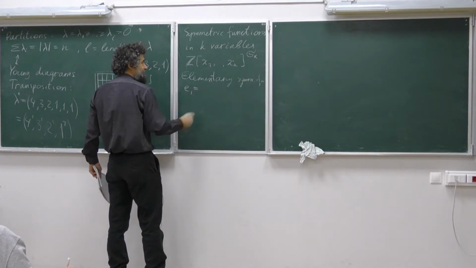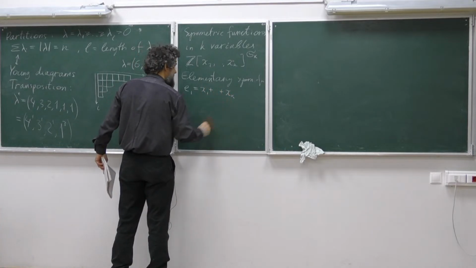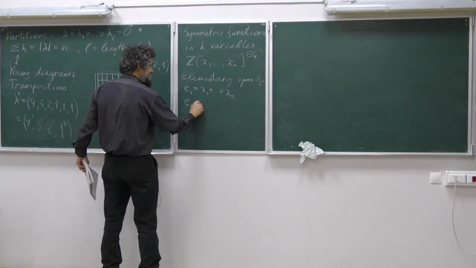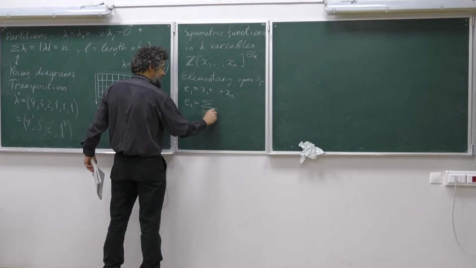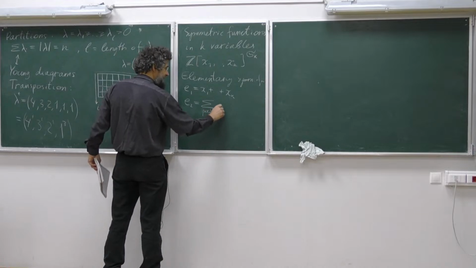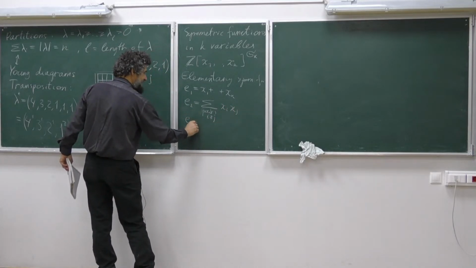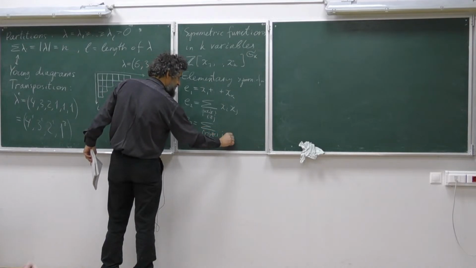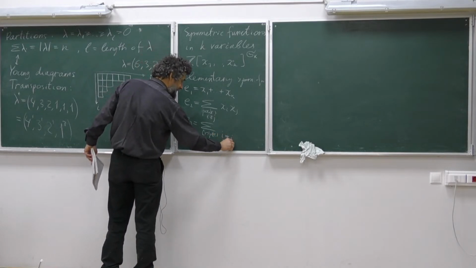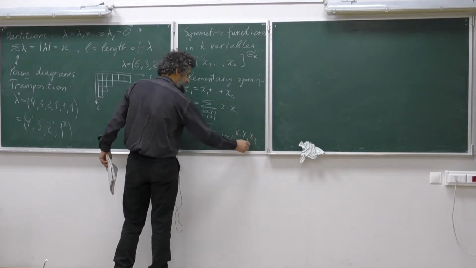So, as we already discussed last time, e1 is the sum of all variables, and e2 is the sum over all pairs i not equal j, xi xj, and e3 is the sum over all triples i, j, l distinct, xi xj xl, and so on.